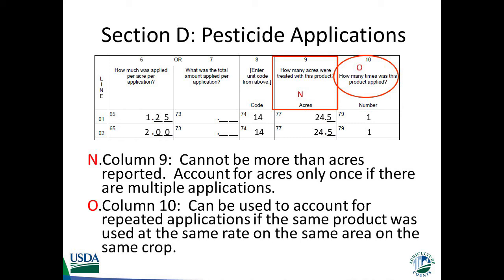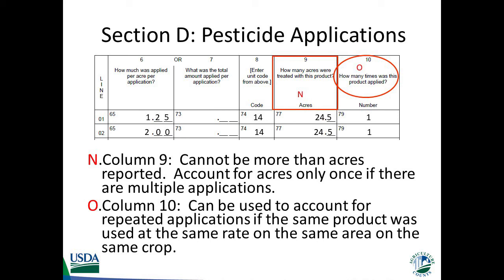If there were repeated applications of the same product at the same rate on the same area for the same crop, that can be indicated in column 10. However, column 10 can only be used to indicate a repeated application if everything in columns 1 through 9 are identical for the repeated application.